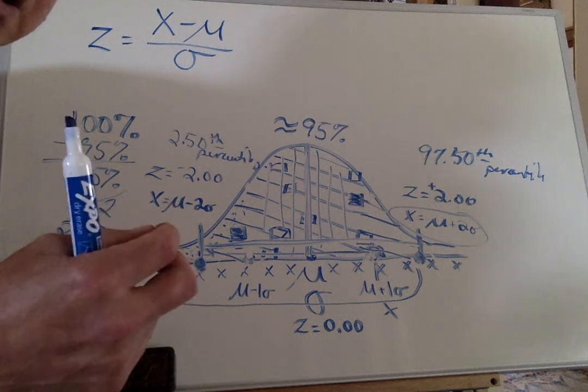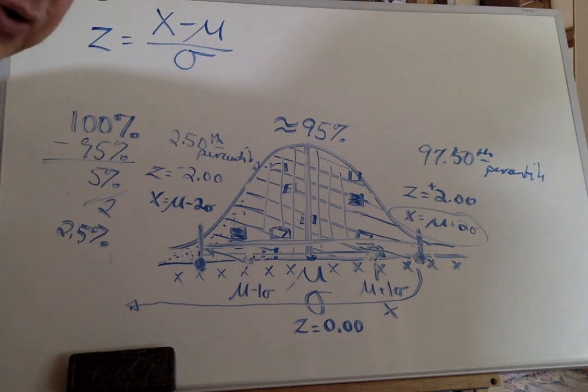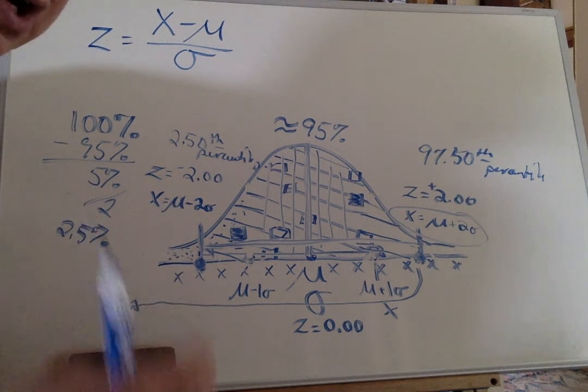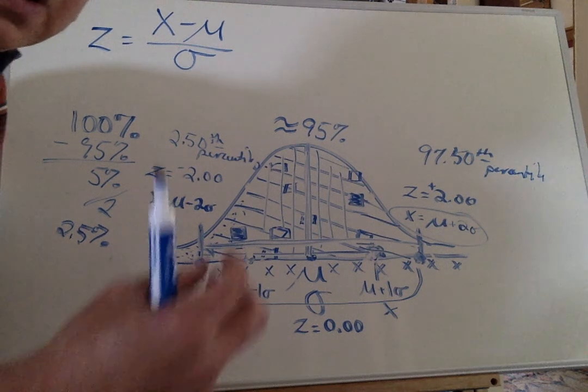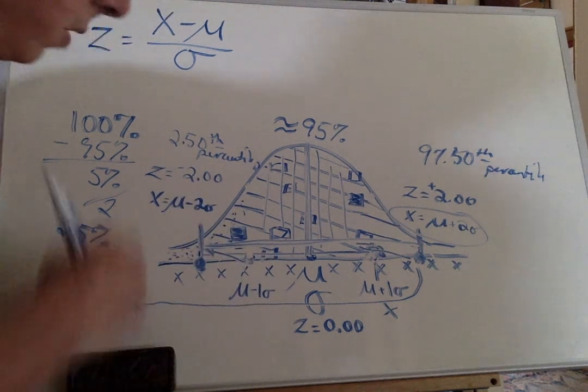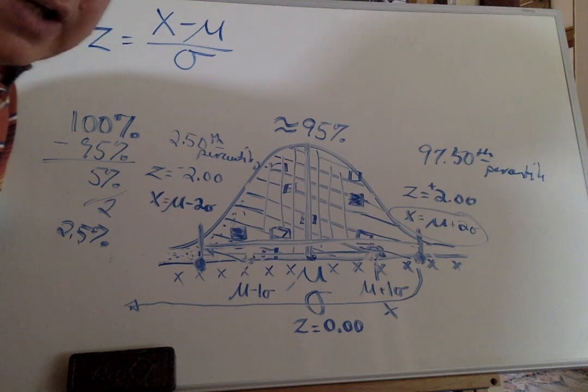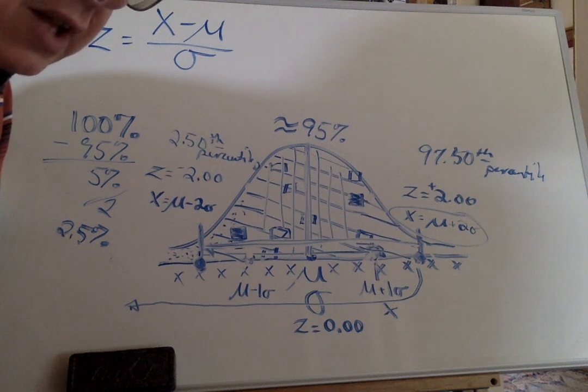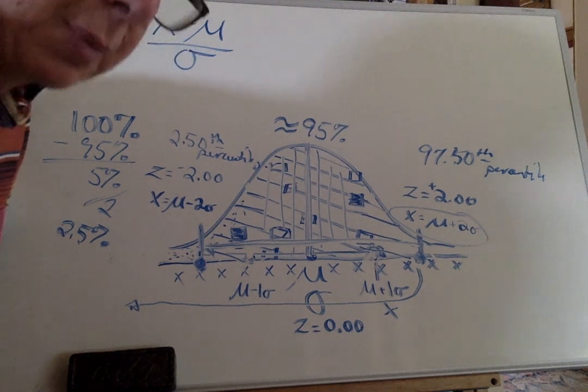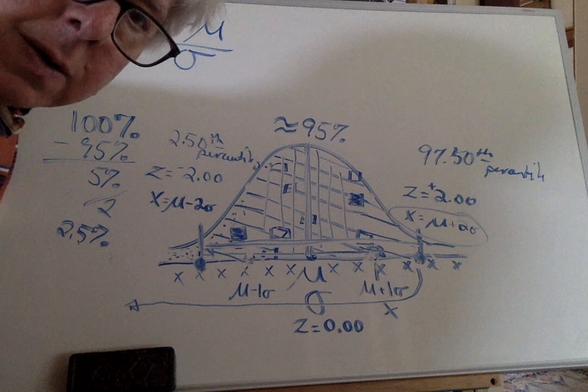This is one of the very powerful aspects of z-scores. We can standardize them, we can talk about percentage under the curve, and it allows us to look at percentiles. Percentiles tell us what percentage of the people fall at your score or below.